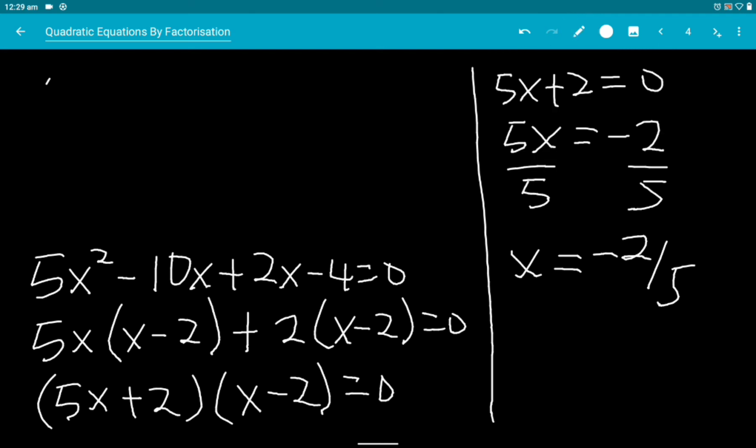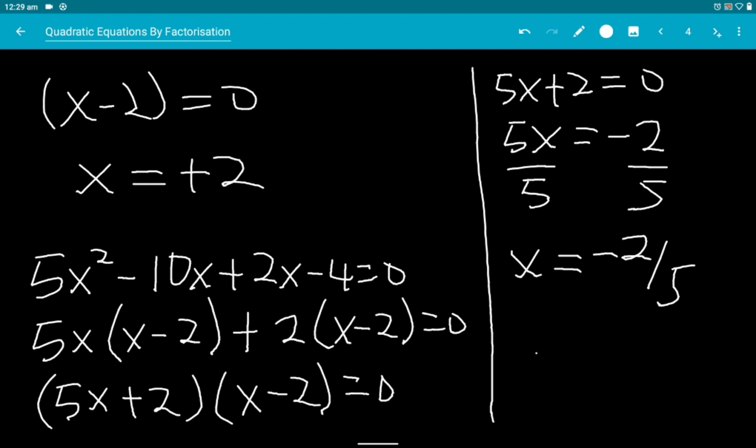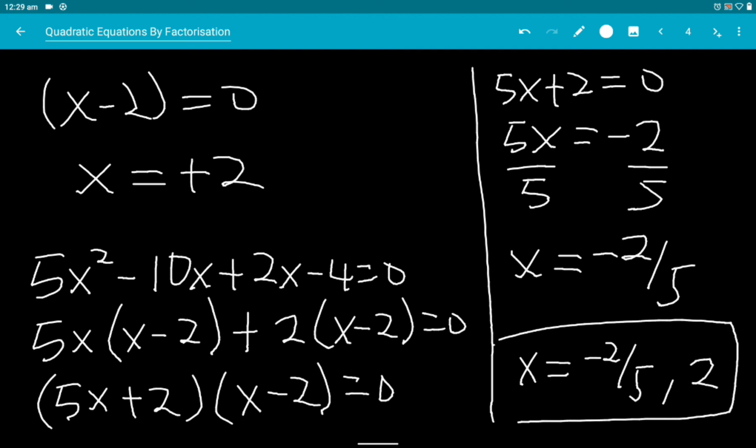Now for the second answer, I have x minus 2 is equal to 0, which means x is equal to positive 2. So my answer for this example is x is equal to negative 2 on 5 or x is equal to positive 2 as my final answer.